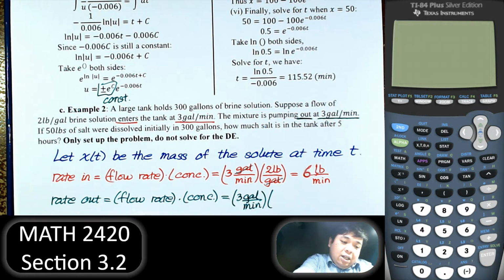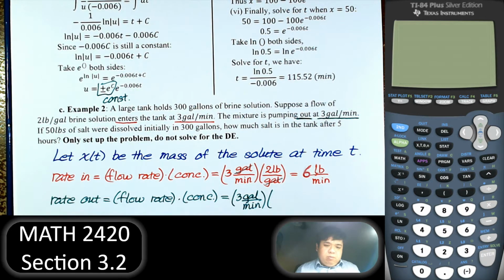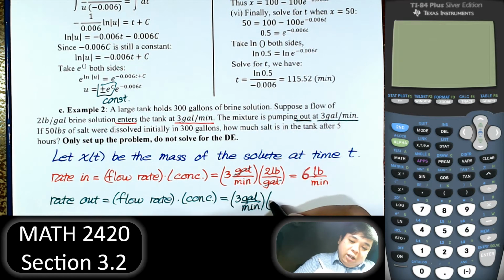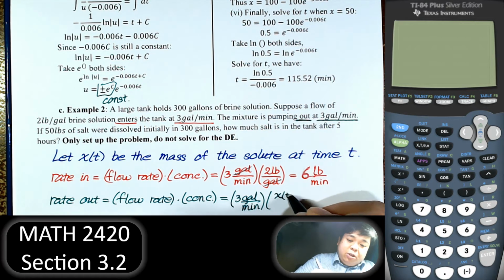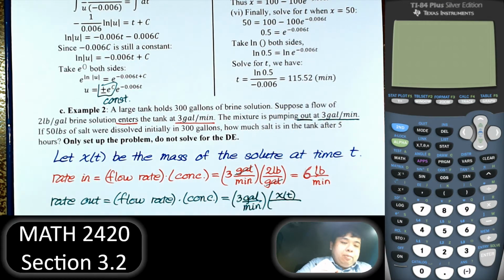And then the concentration that is coming out. Now we know the concentration, this is well stirred again. So the concentration is going to be x of t, the amount of salt at time t, divided by the volume.